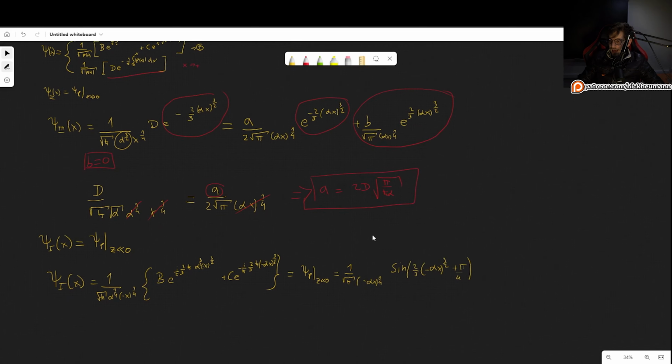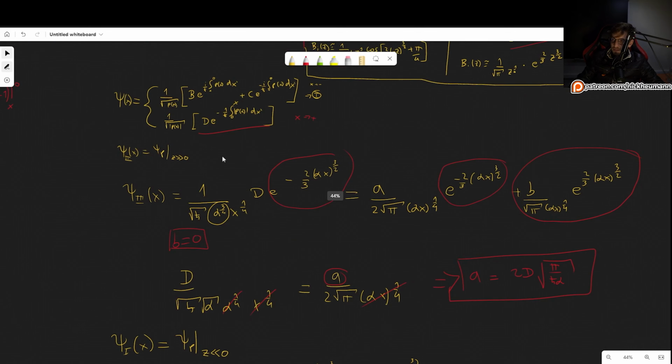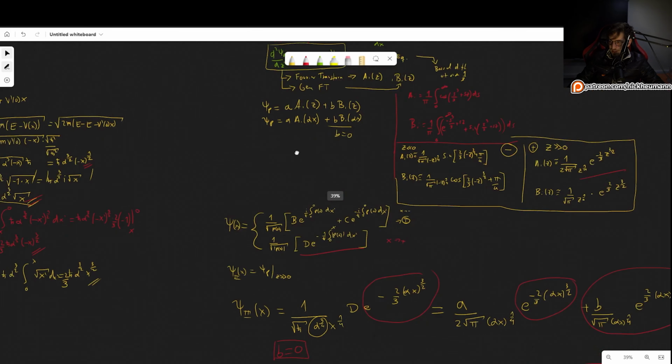There we go. And this, of course, times small a, because what we did was plug it in here. So, of course, we need to consider this. And just a reminder, b is equal to 0, that's something we found before.